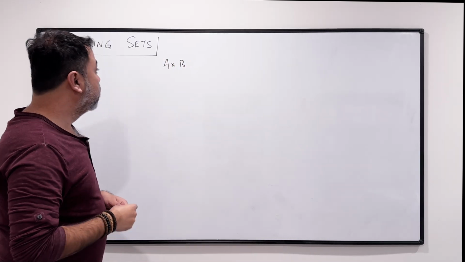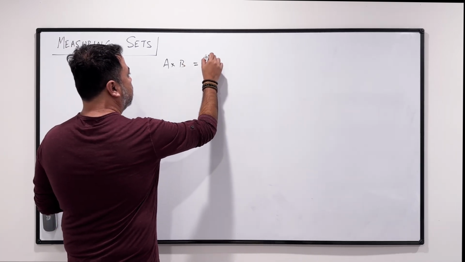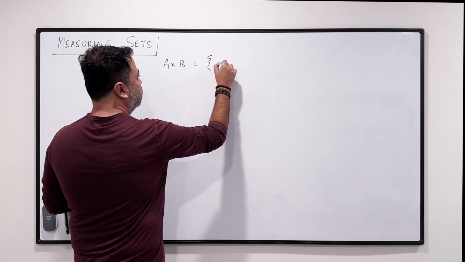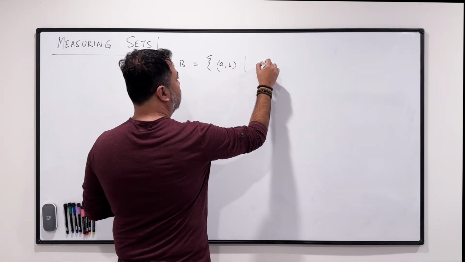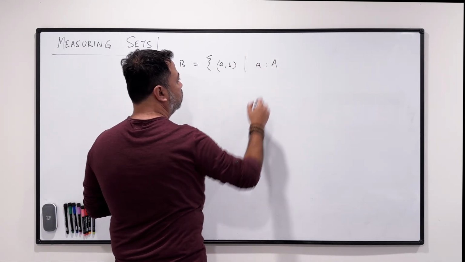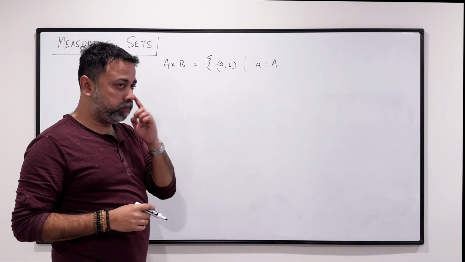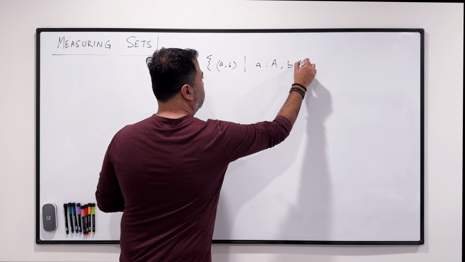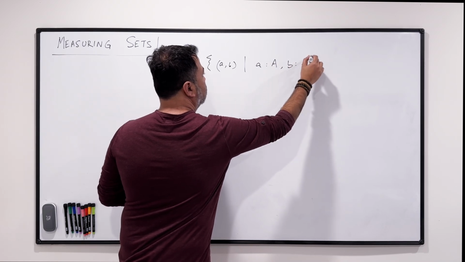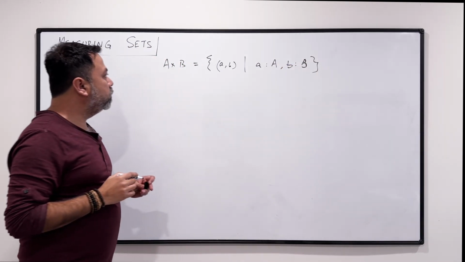I define it as pairs (a, b), where a comes from A. This notation just means that a is an element of capital A and b is an element of capital B. That's my definition of a product.